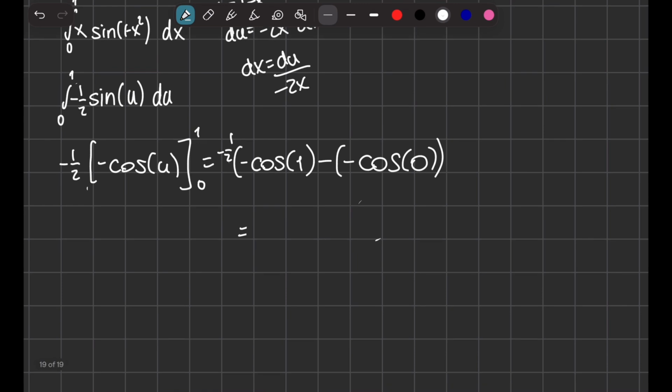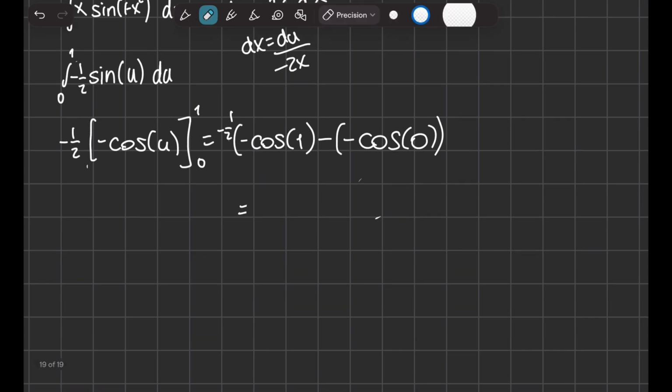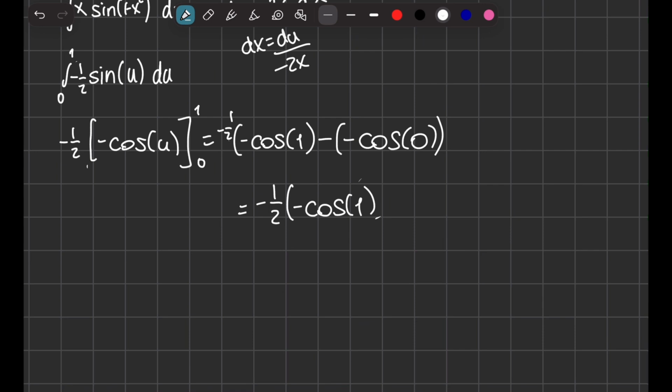We know that cosine 0 is 1, and cosine 1 is going to be a difficult radian, so let's just keep it that way. Anyways, so minus 1/2 times minus cosine 1, and cosine 0 is 1, so minus 1 is just plus 1.